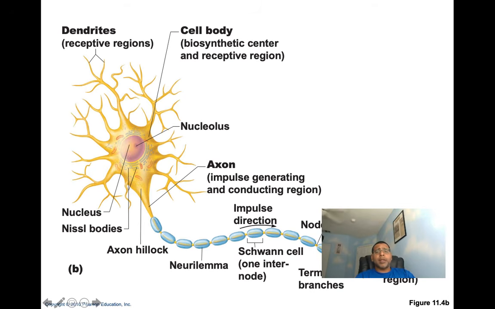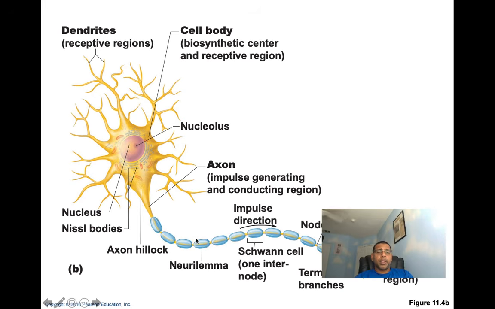When you talk about the structure of the axon, first you have the axon hillock. This is the cone-shaped initial region of the axon, and this is where the action potential starts. You've got a region inside called the trigger zone, and that's where the action potential starts.